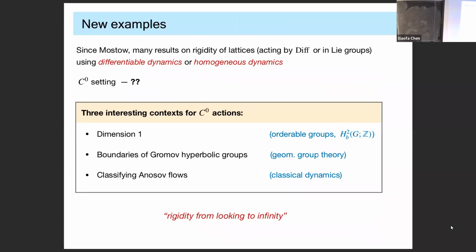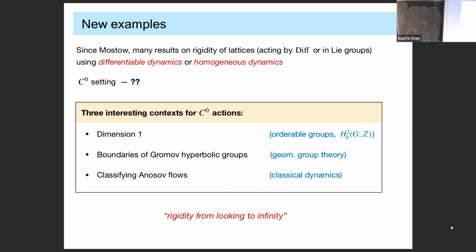Well, since Mostow, there are many results on rigidity of lattices generalizing this theme, typically acting on spaces by diffeomorphisms or by putting lattices inside different Lie groups. You were originally a lattice in G, and now I'm going to put you inside some bigger Lie group and talk about the deformation space in there.